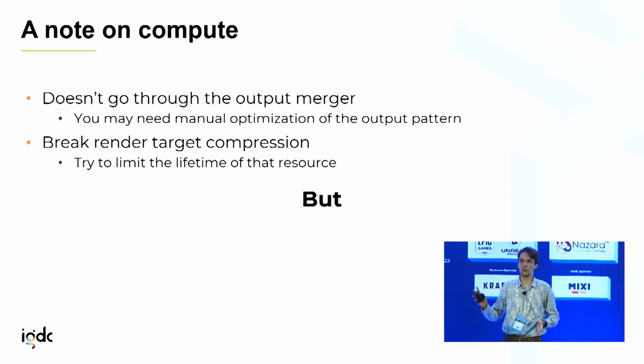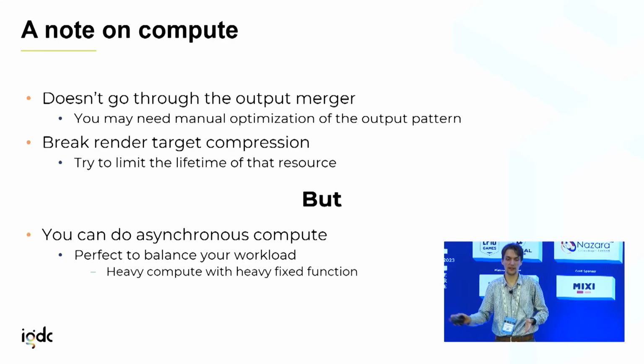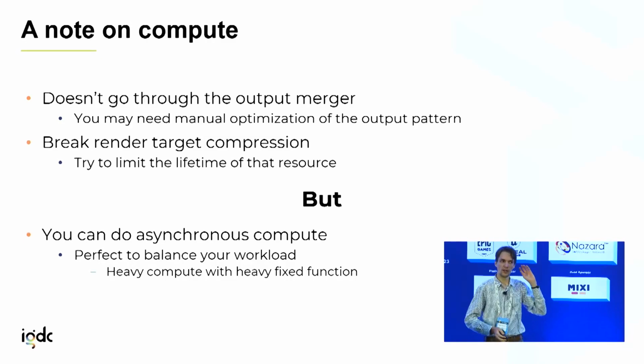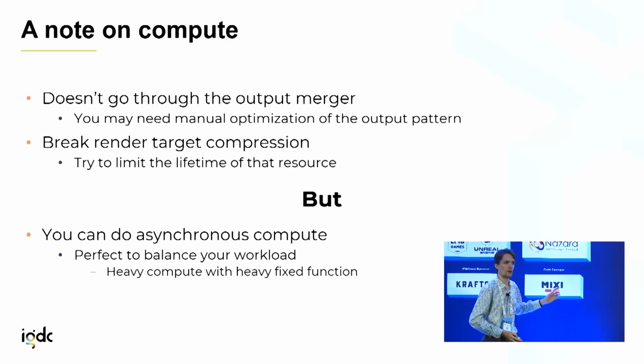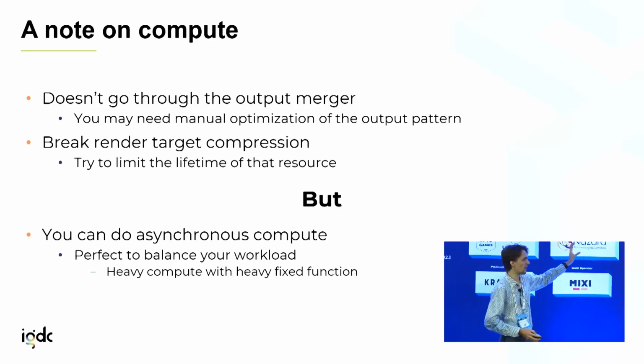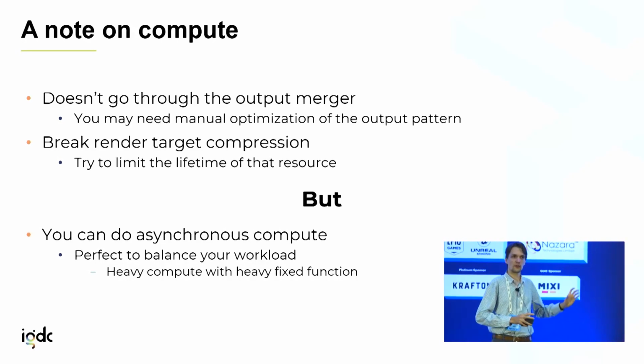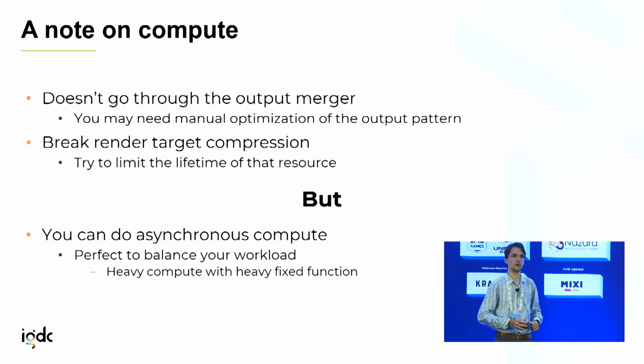But one of the main benefits of compute in that case is that you can do asynchronous compute. So pull that memory from the back of your mind: when I showed the render graph slide, keep in mind the SSAO being layered on top of the shadows. What was going on there was asynchronous compute.